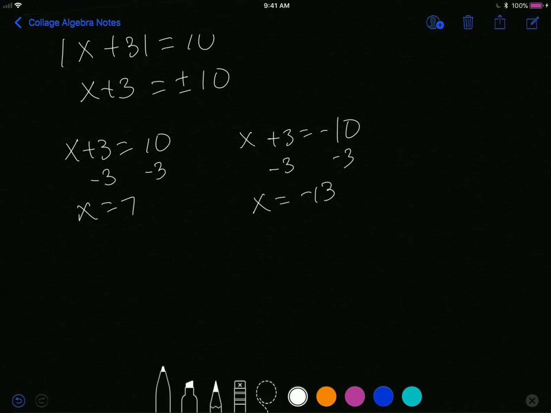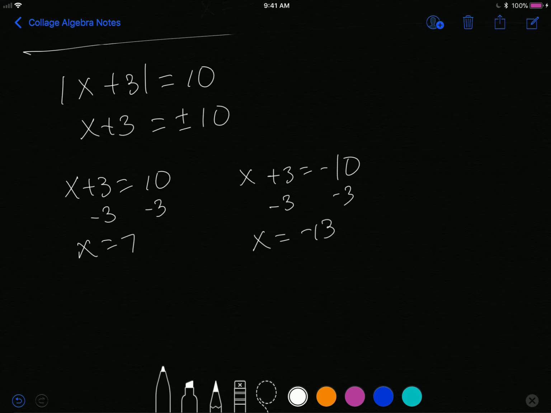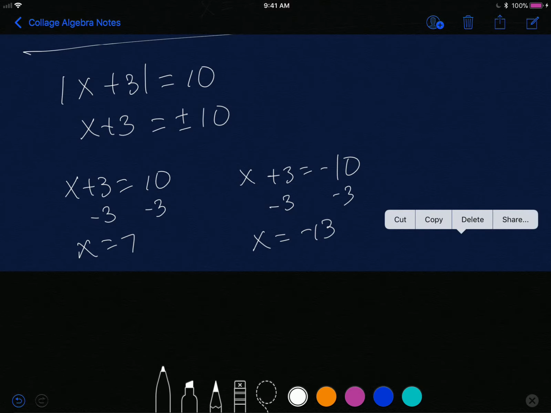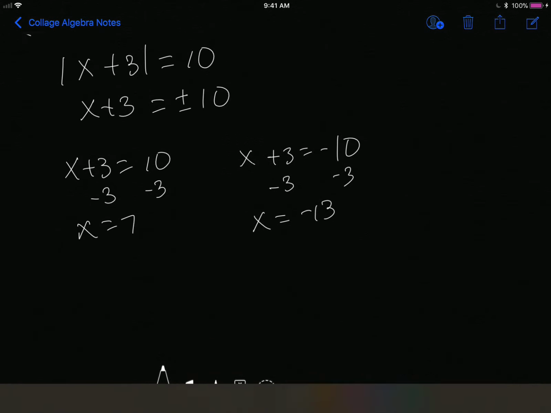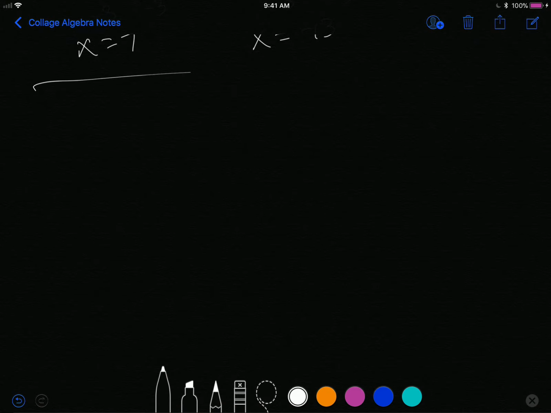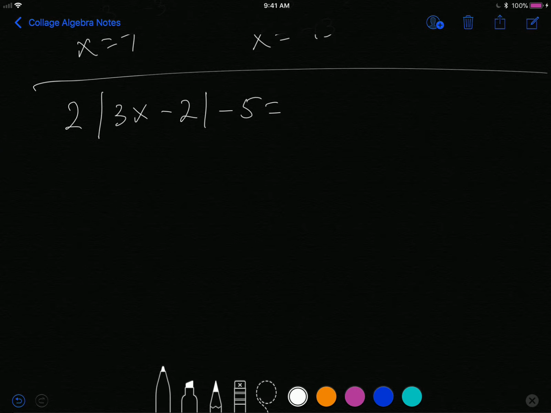Now, sometimes the absolute value sign is not alone. Consider this example. Let's say I have 2 times the absolute value of 3x minus 2, minus 5 equals 7, and I need to solve this equation right here.